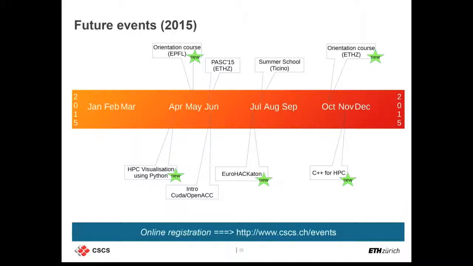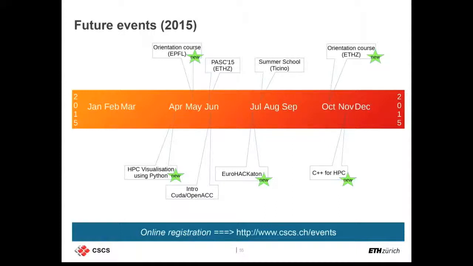It's a new course and it will be in April. If you want, you can already register on the CSCS website. Then we will have our usual annual PASC conference. This year it will be in Zurich, and we will have the user meeting during that conference.